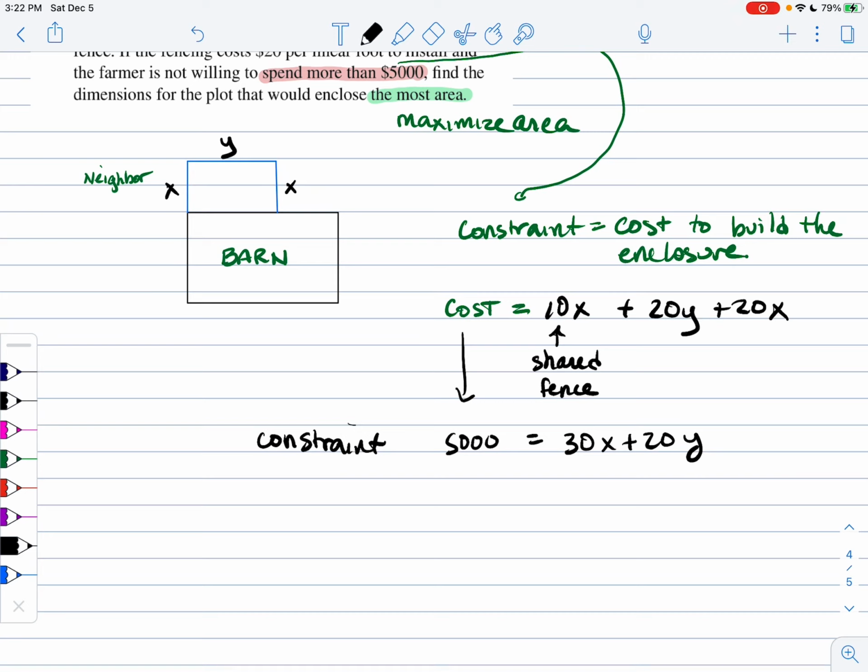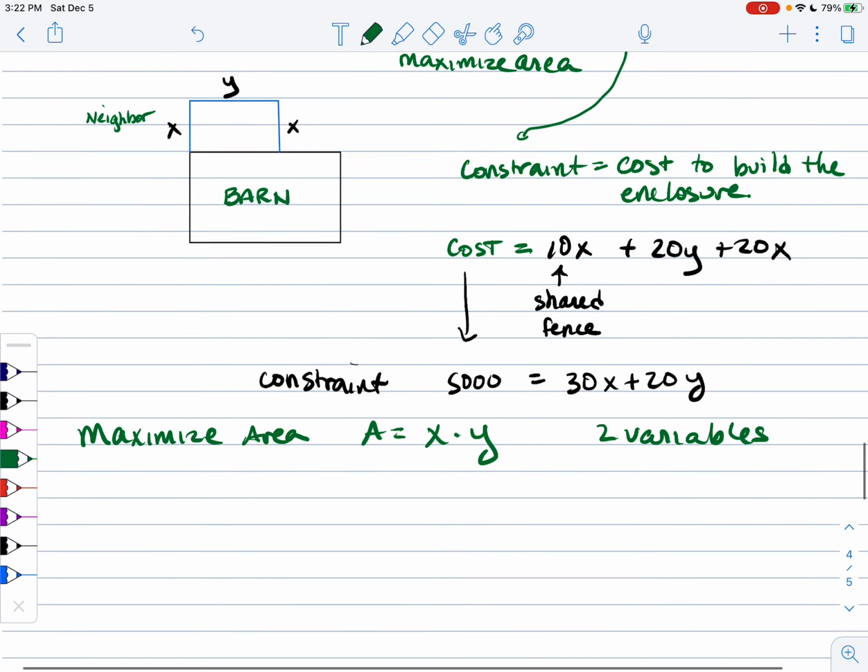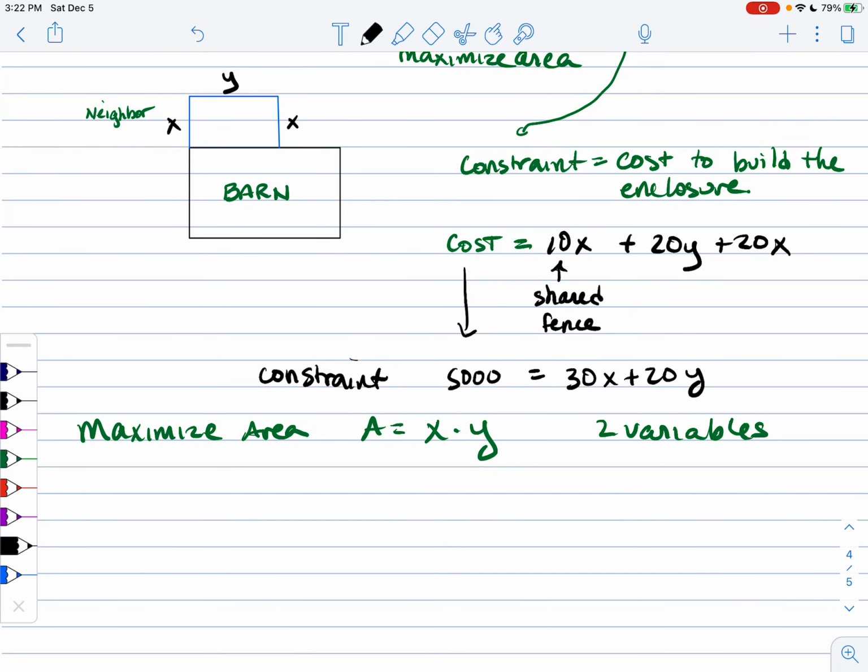But they're saying maximize the area. So I'm going to maximize my area. So my A here is going to be x times y. That's two variables again. So I'm going to use my constraint. With my constraint here, if I solve for y, I get 5,000 minus 30x equals 20y.